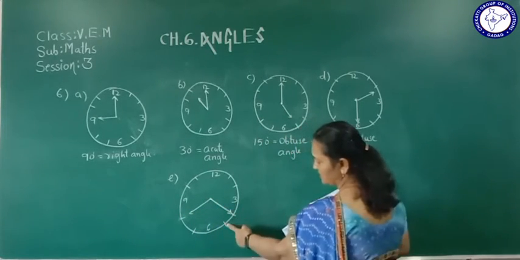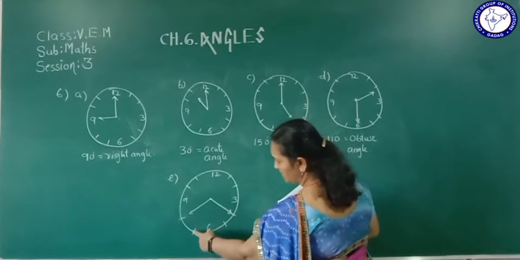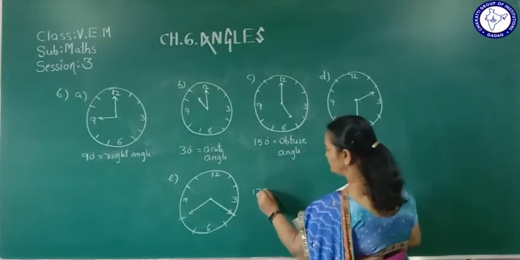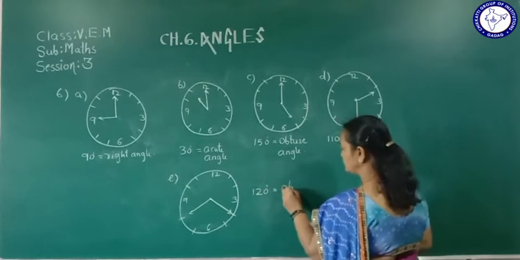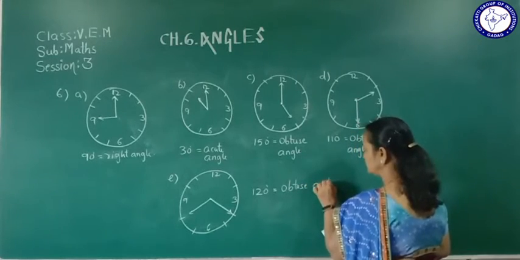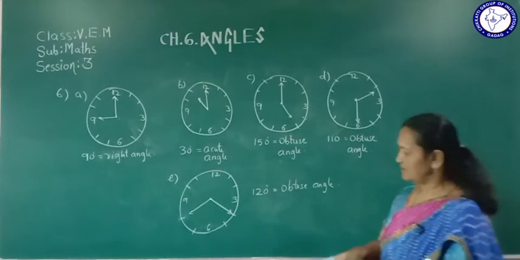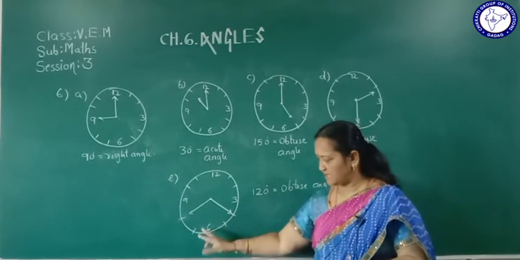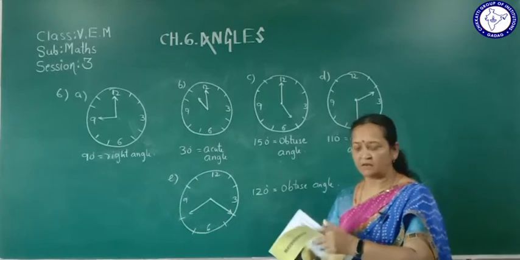Check here 30, 60, 90 and this is 120. So this is 120 degree and again it is an obtuse angle. Got this? So here between any two numbers it is 30, 60, 90 and 120.